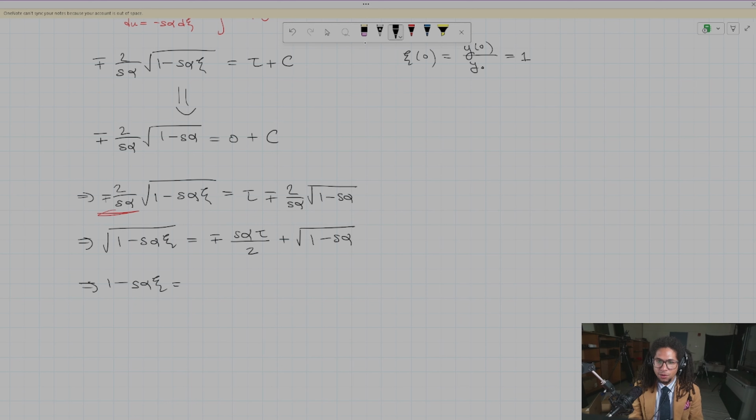So first I'm going to get the square of this thing, which is S squared, alpha squared, tau squared over 4. Next, I get 2 times the product. Now that 2 is going to cancel the 2 in the denominator here, so I'll just get S alpha tau root 1 minus S alpha.